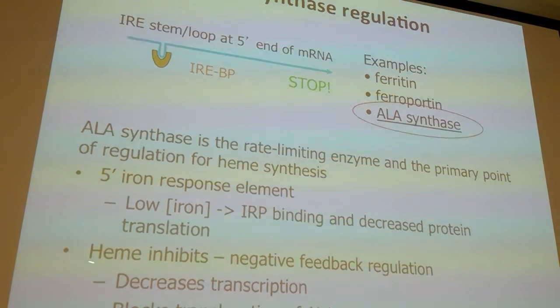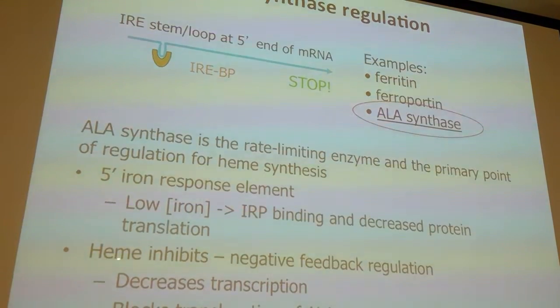In addition, this is subject to really classical product negative feedback regulation. So at the end of this pathway, we produce heme, and heme is going to feed back and downregulate synthesis of ALA synthase.